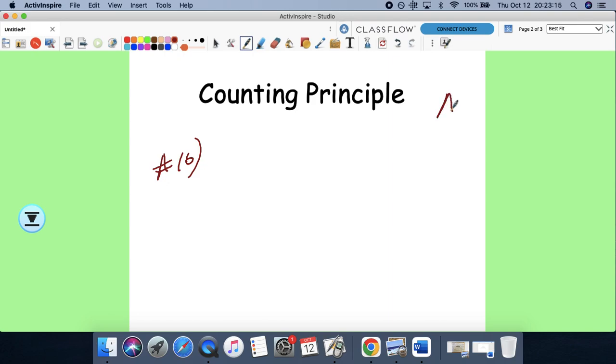Well, if she has 7 books, A, B, C, D, E, and F, is A, B, C different than C, B, A? It is different, right? So does it say here? In how many different ways can she arrange the 3 books?